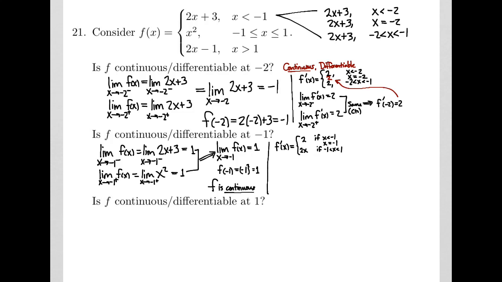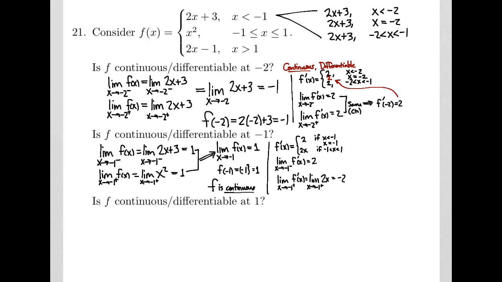So I need to check my limits. If I take the limit as x approaches -1 from the left of the derivative, I get 2. If I approach the limit as x approaches -1 from the right for my derivative function, I need to take the limit of 2x as x approaches -1, which gives me -2.